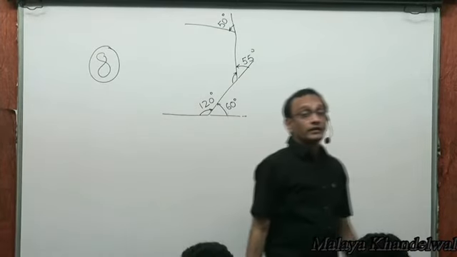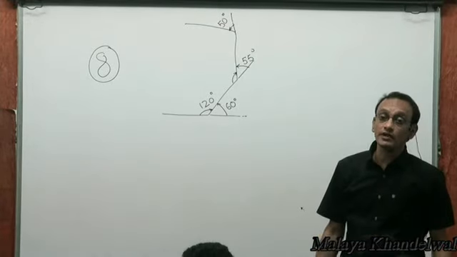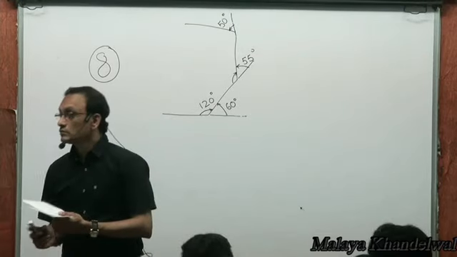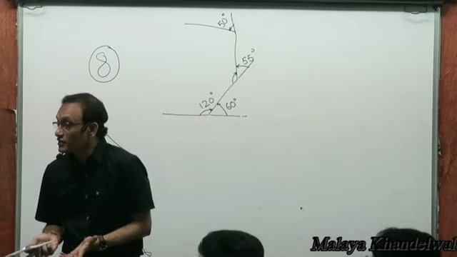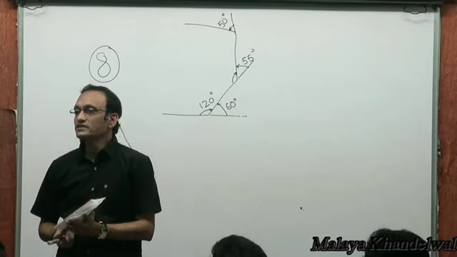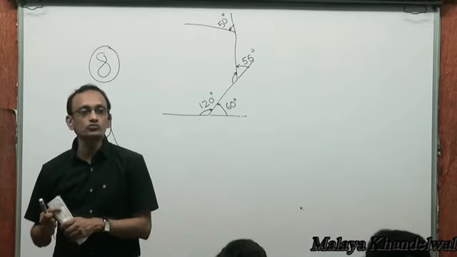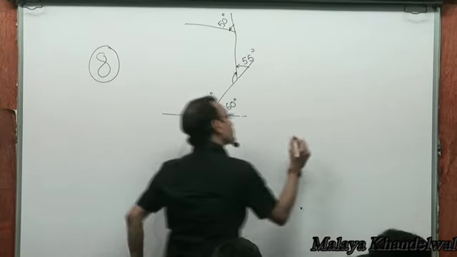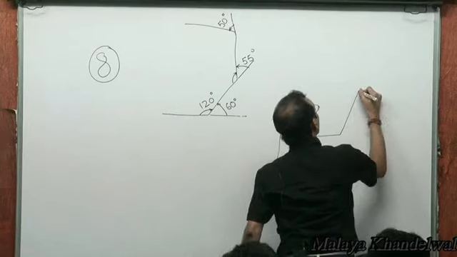Now, n sides means n exterior angles. And what is the sum of all exterior angles of a polygon? 360 degrees, yeah. Sum of all, and why so? Why is the sum of all exterior angles equal to 360 degrees? Okay, tell me this. It need not be a regular polygon.